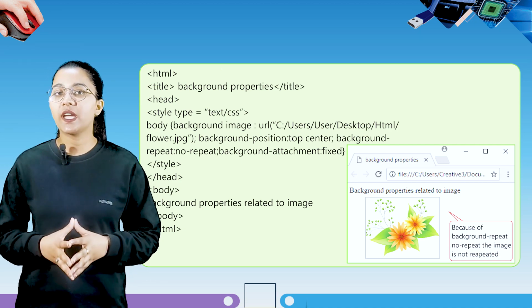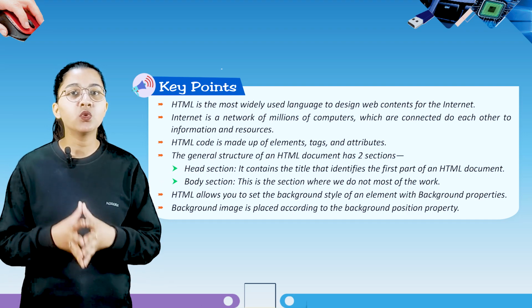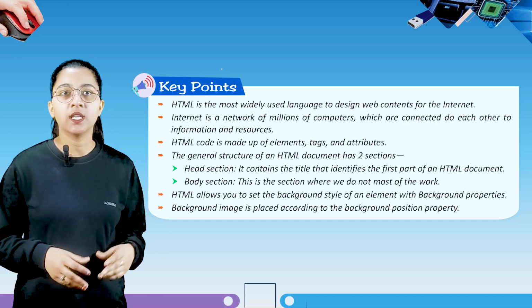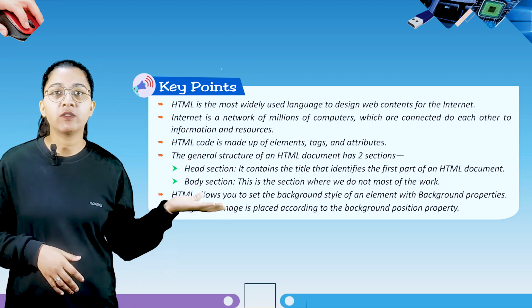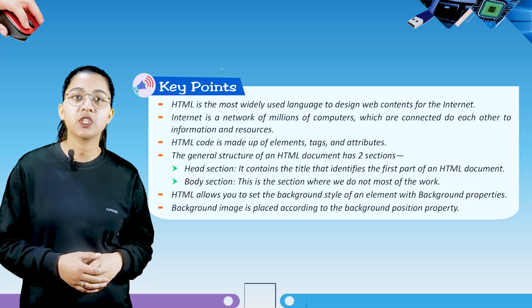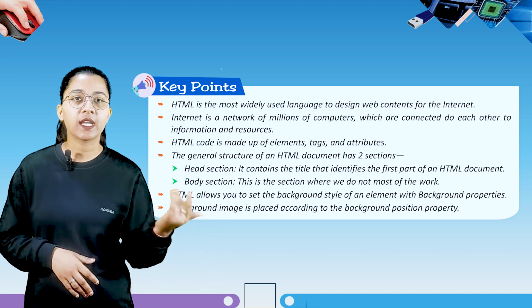So let's revise this chapter through some key points. First, HTML is the most widely used language to design the web content for the internet. Second, internet is a network of millions of computers which are connected to each other to share information and resources. HTML code is made up of elements, tags and attributes.